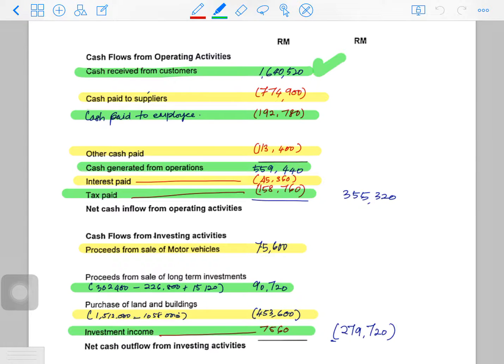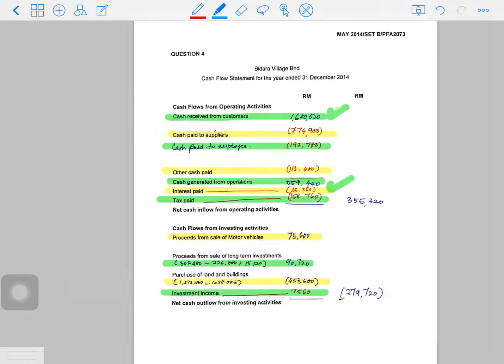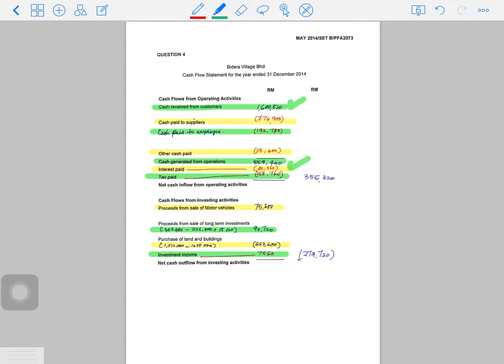And at the same time kalau kita tengok interest ni ialah financing sebenarnya. We pay for financing. It could be included under financing activities. So tak salah kalau you masuk dalam operating activities ataupun financing activities. Kedua-duanya betul.